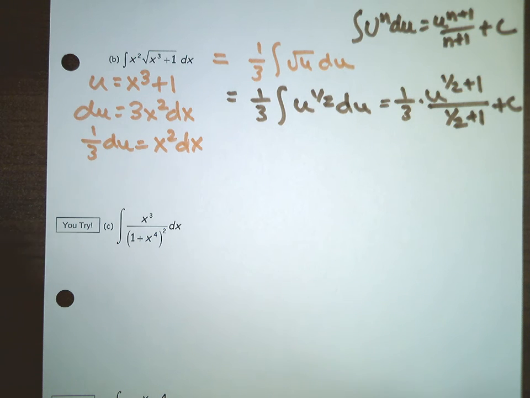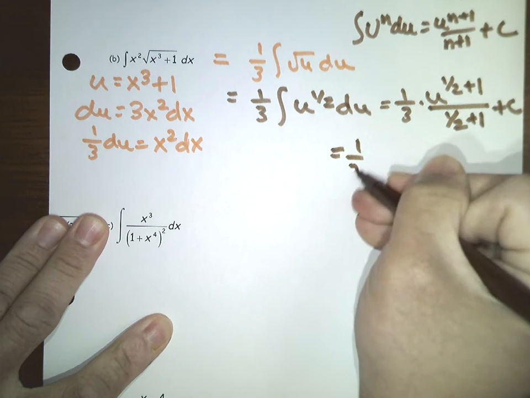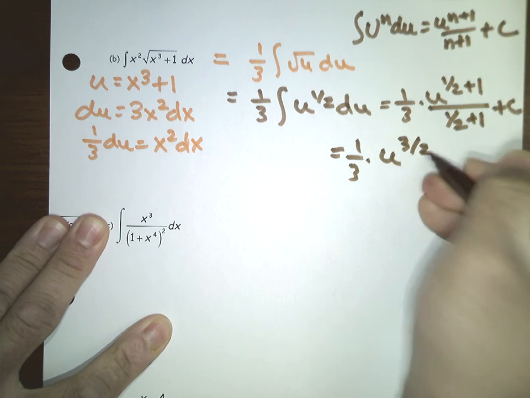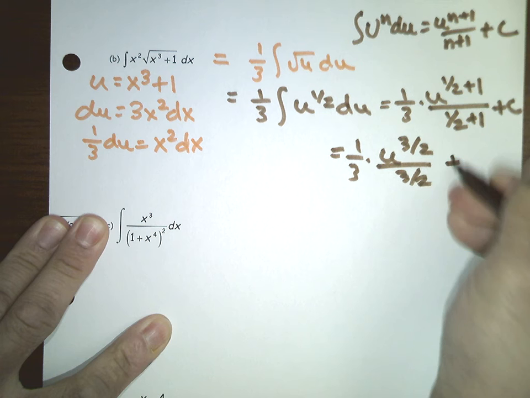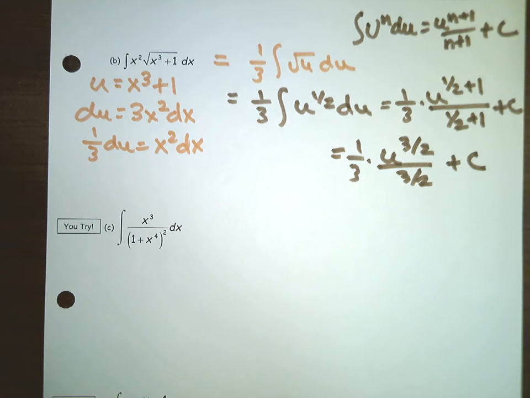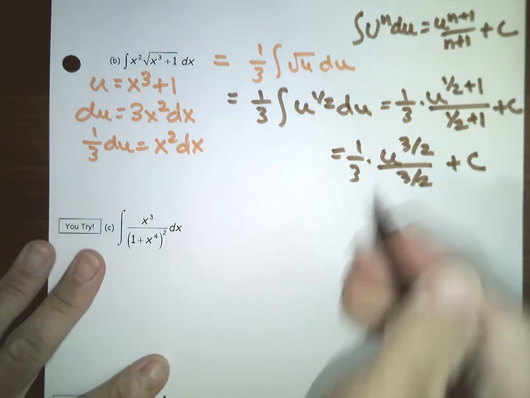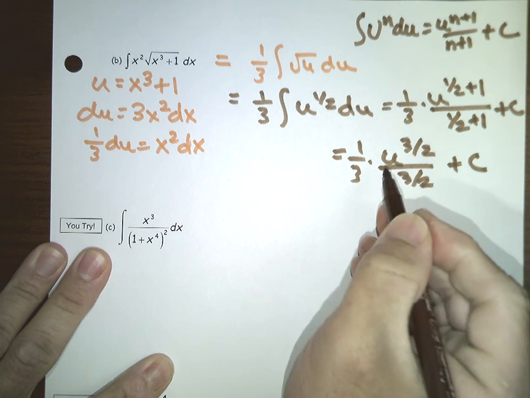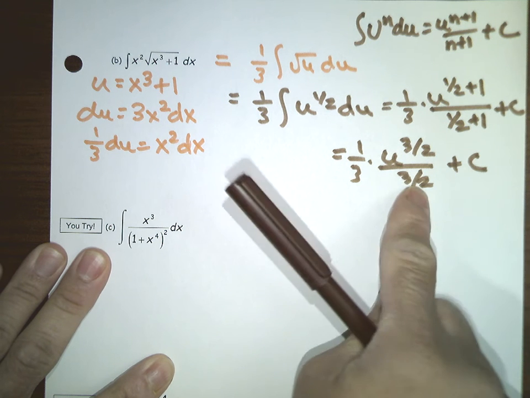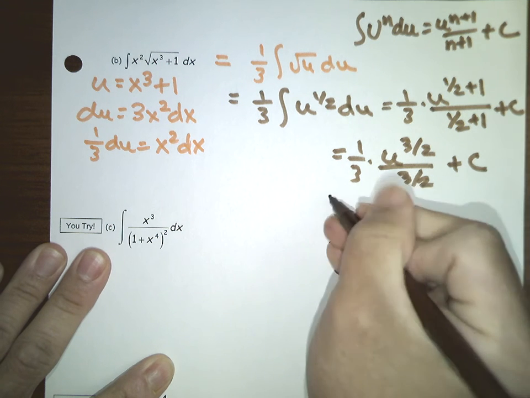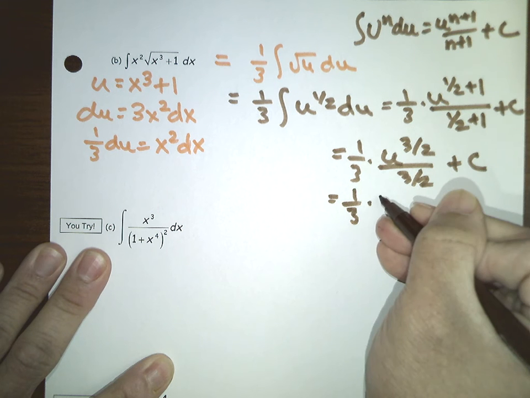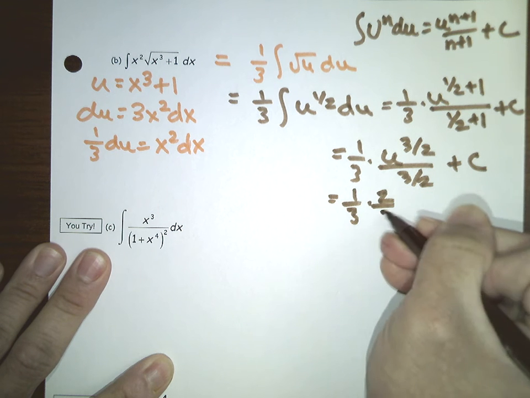So 1/2 plus 1 is actually 3/2. Then what I have here is 1/3 times u to the 3/2 over 3/2 plus c. But if I am dividing by 3/2, that's the same as multiplying by the reciprocal, so that would be like multiplying by 2/3.